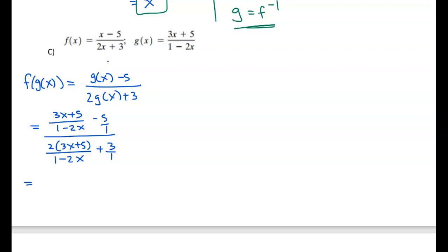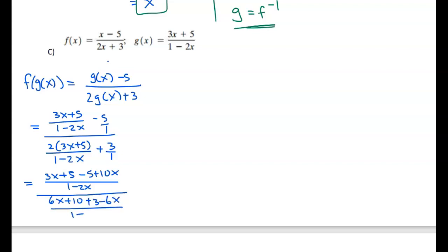Common denominator. We get 3x plus 5 minus 5 plus 10x over 1 minus 2x, divided by 6x plus 10, plus 3 minus 6x over 1 minus 2x.